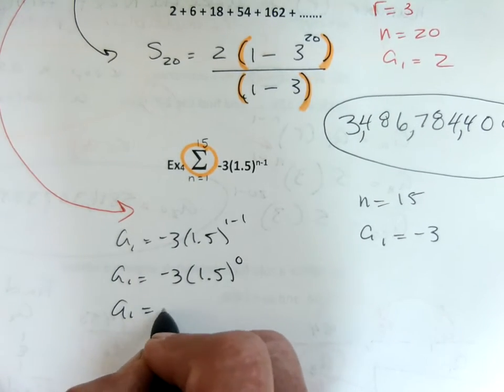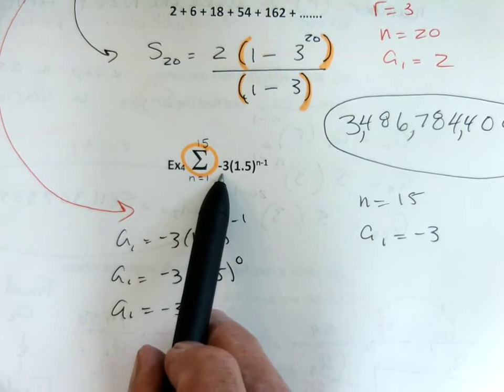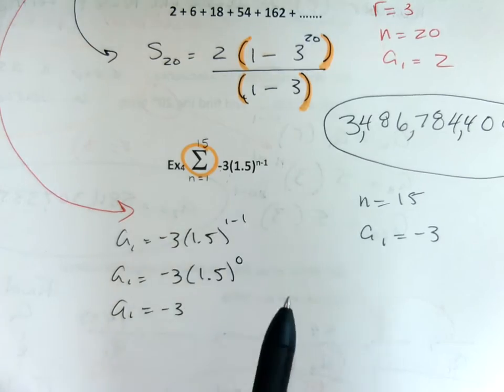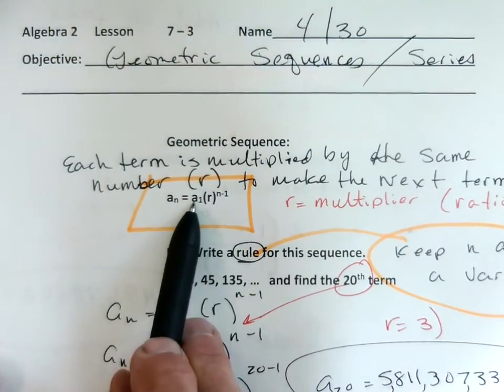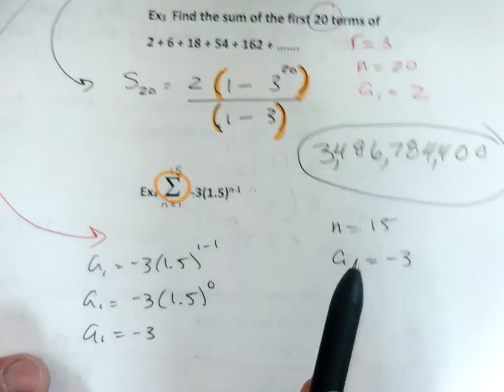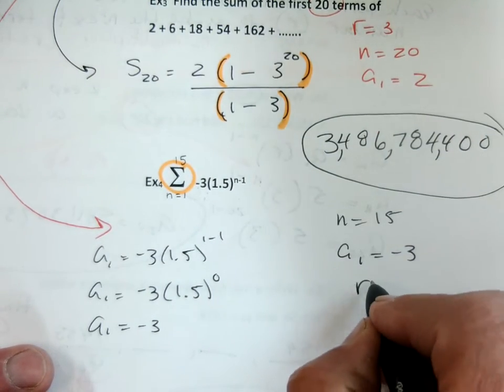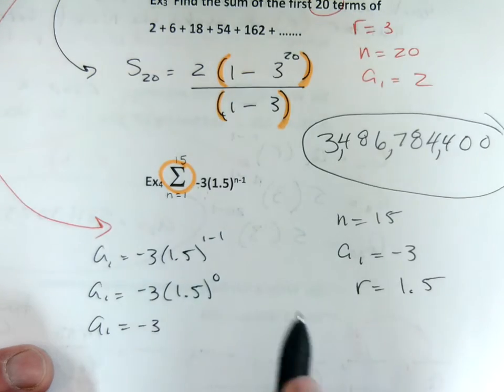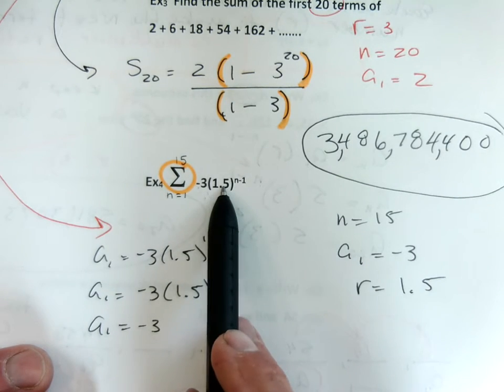So A1 is definitely negative 3. But I knew it was negative 3 just because it sits right there in the formula, right? I mean, it sits right there where A1 would be, okay? And I also know the multiplier is 1.5. I know R is 1.5. Because it sits right there anyway, right where the multiplier would be, okay?